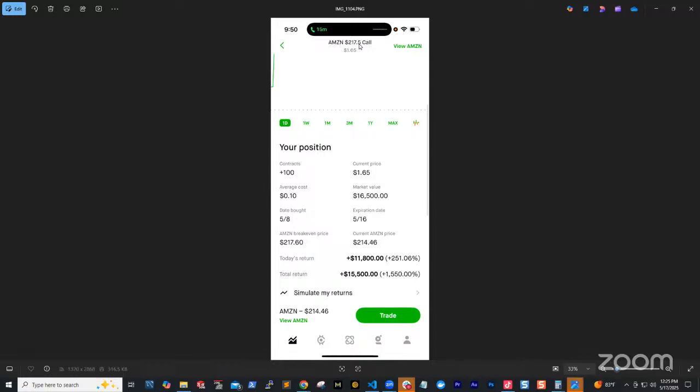So I was like, okay, I only need to go up $3 more and I'll be in the money. And once you are in the money, it starts to make ridiculous money. It will almost double. I was like, well, Amazon has been down for a while. I think it is going to get to that 217 today. So it got to that 214.